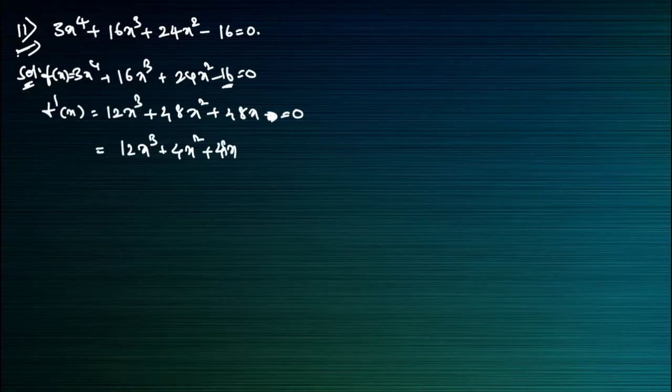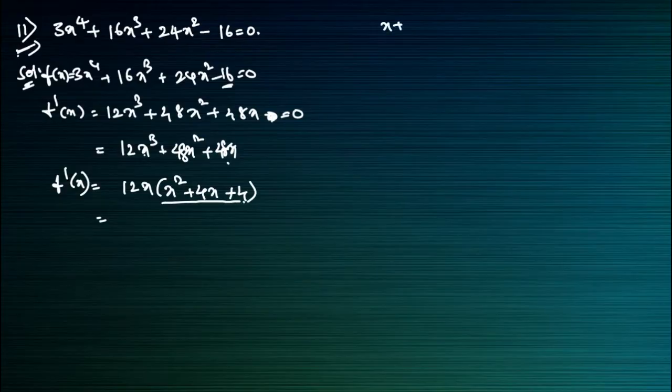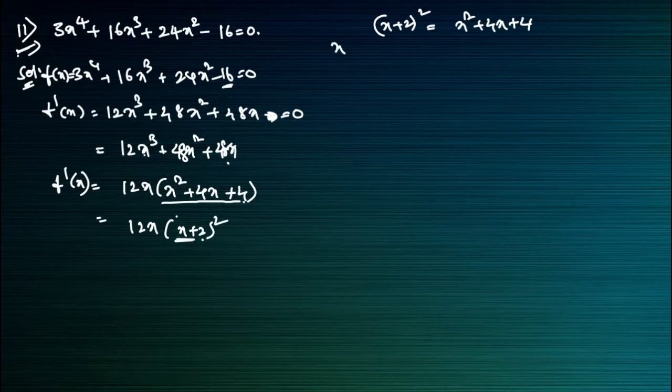In this I will take 12x common, so it will become x square plus 4x plus 4, so f dash of x is equal to 12x into x plus 2 whole square, since x square plus 4x plus 4 is x plus 2 whole square. So here x plus 2 is a factor.